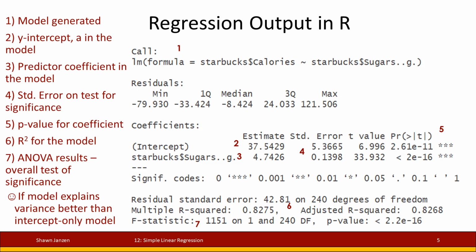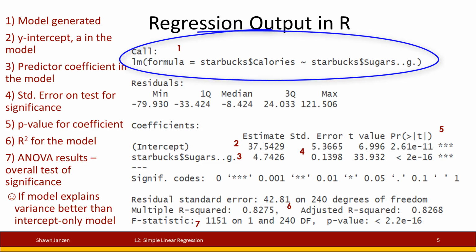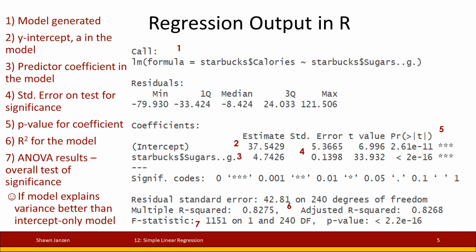Up at the top, number 1 is the model that's being generated. lm is the function for running the regression, and then it says that the formula is equal to, we specify our dependent variable tilde your independent variable. Typically when we are writing our regressions in the script, we don't write the formula equals, and that can throw you off. But keep in mind, when you look at the output in R, you're going to see it put in there.